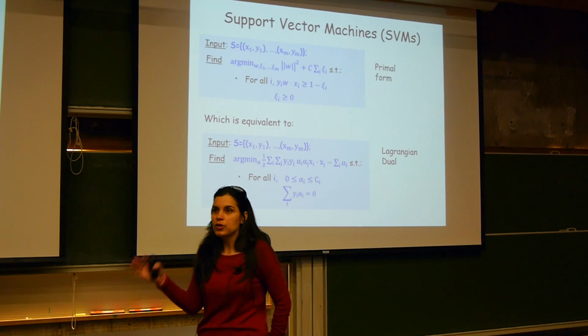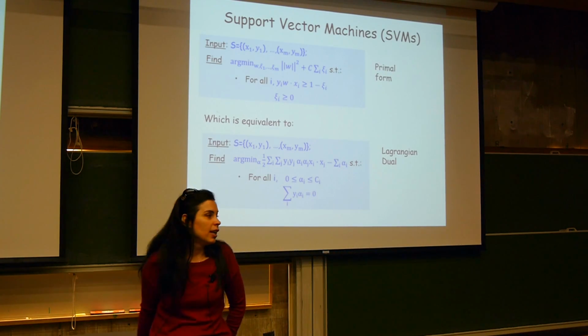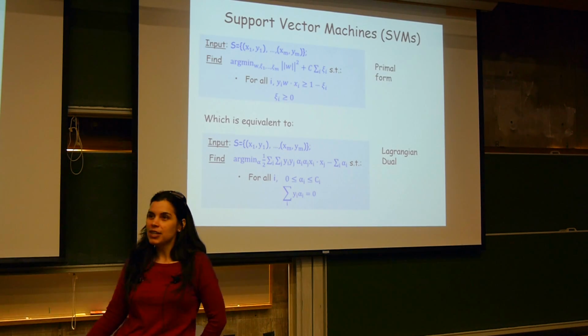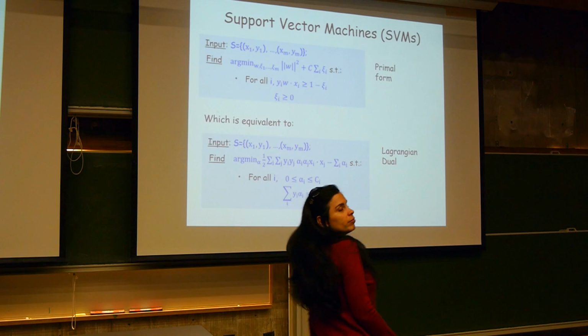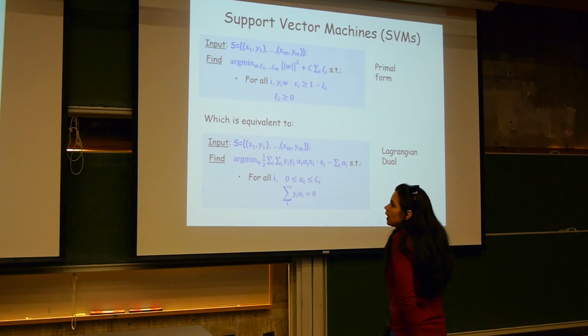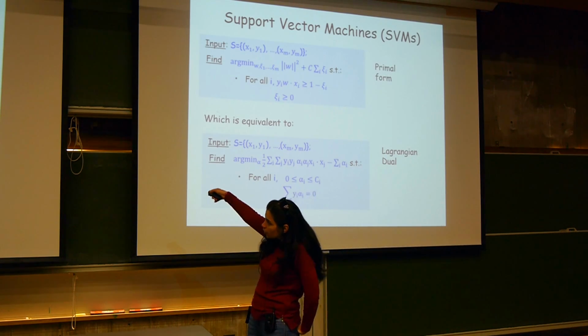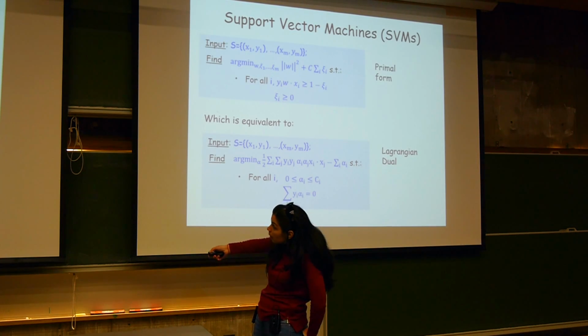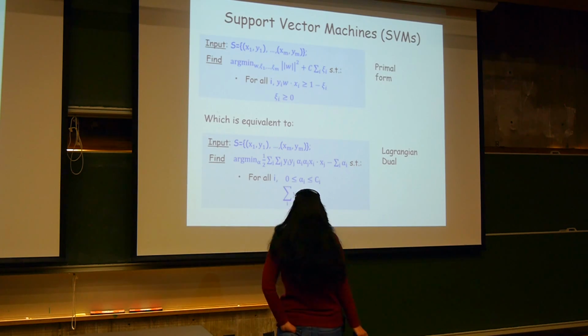I'm not going to derive it, I'm just going to tell you that it exists, and I'll point you to Andrew Ng's lecture notes if you're curious to see the mathematical derivation. I'm also happy to describe it to you offline.